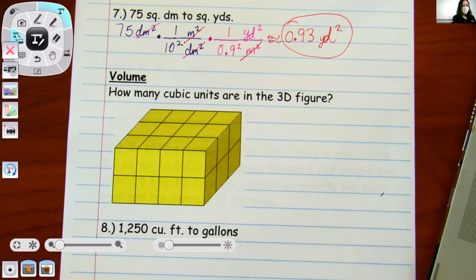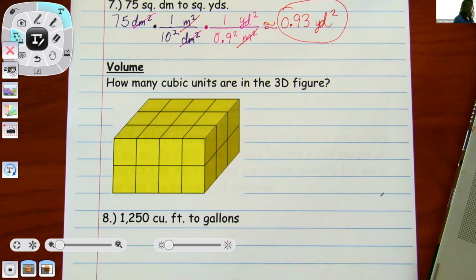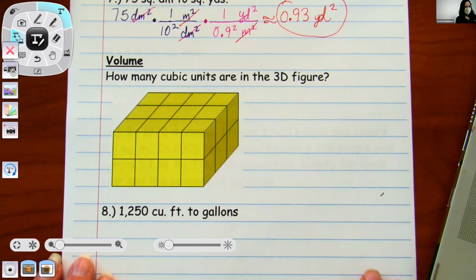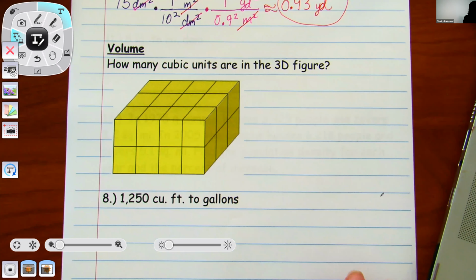All right, so we are in the middle of 9.2. And we're going to start talking about measurements of volume. So this is a three-dimensional measurement.